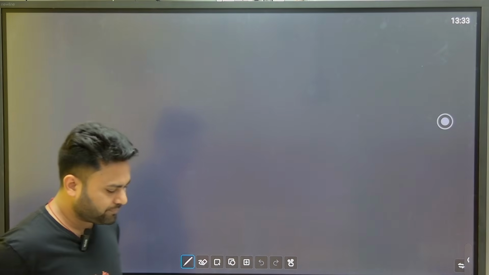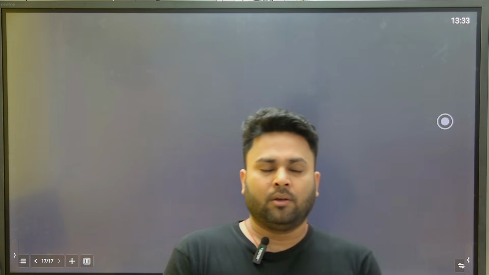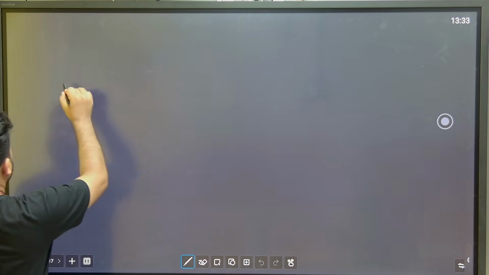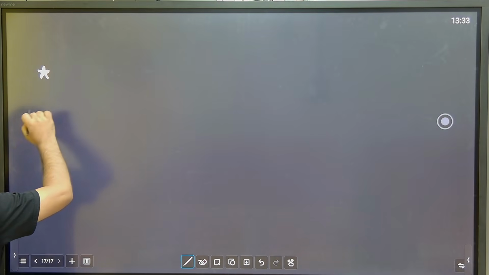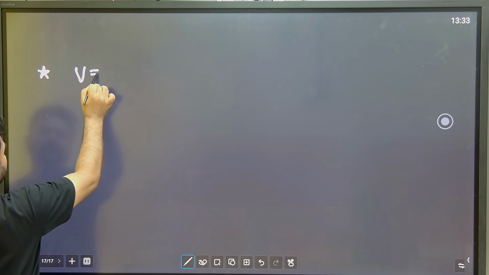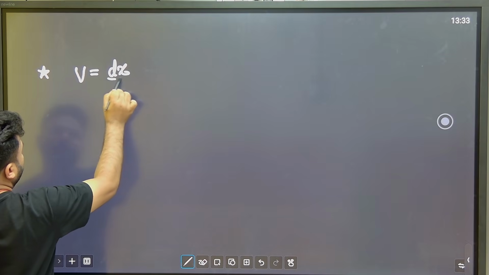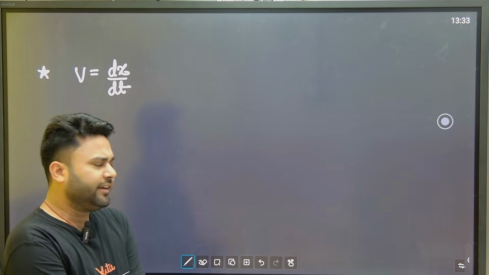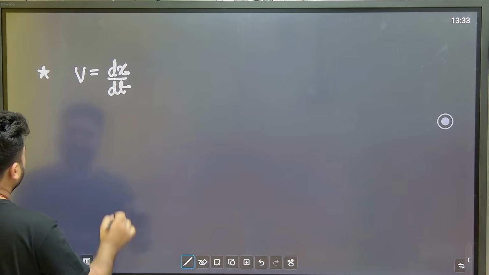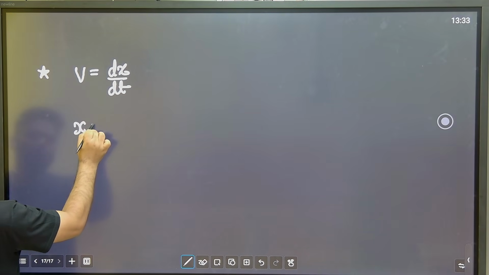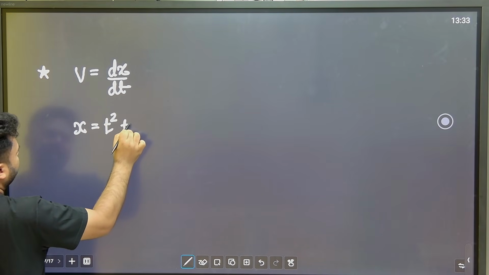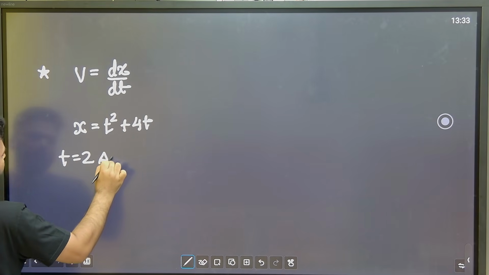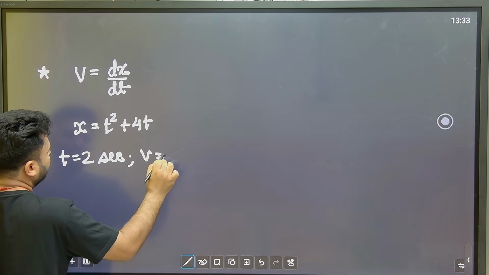Next, see what I am saying. Velocity, what can you write? dx by dt. Suppose x equals t square plus 4t, and they are asking at t equals 2 seconds, what is the velocity?